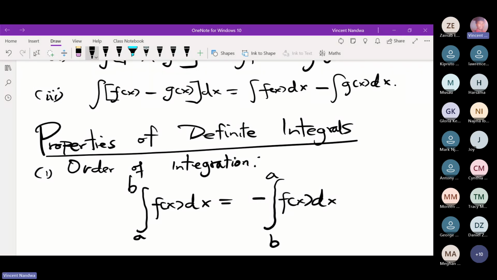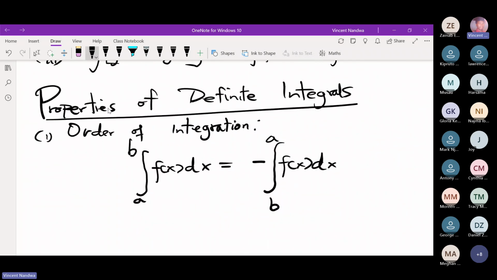So that simply means that if you reverse the limits of integration, then the final result will be the negative of the original integral. So when the upper limit becomes the lower limit and vice versa, then you negate the value of the integral.